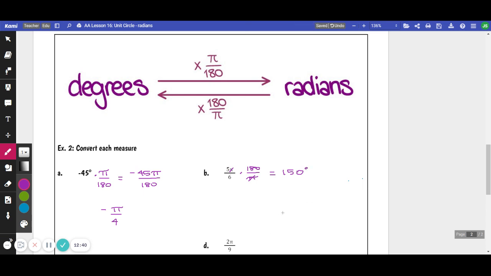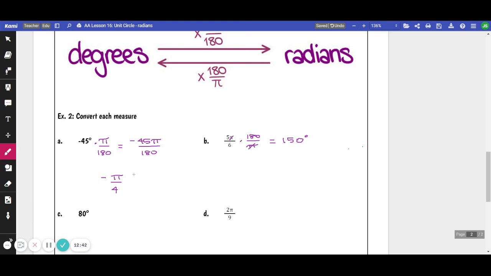I have a couple more of those if you want to try to pause me and then see how you do. That'd be good. 80 is in degrees. We want to convert to radians. So we multiply by pi over 180. And then we have to reduce. We can divide them both by 10, and then I can divide them both by 2 to reduce.